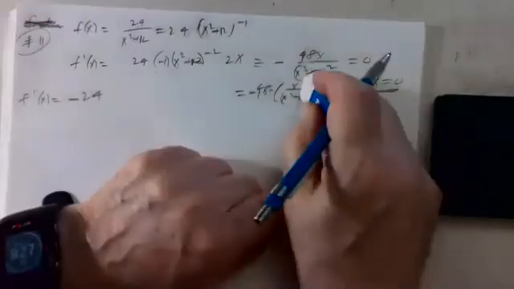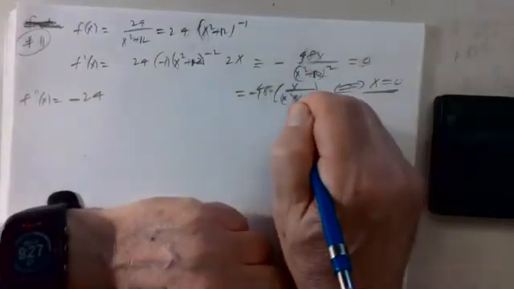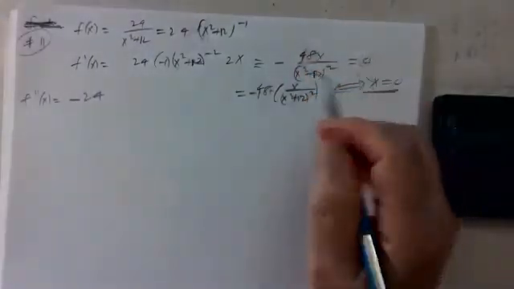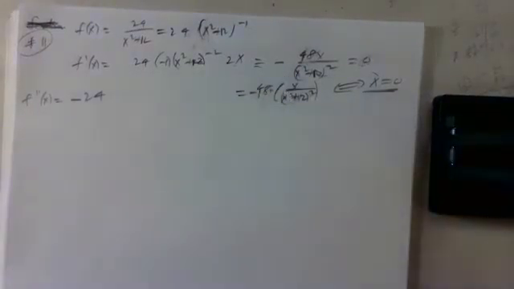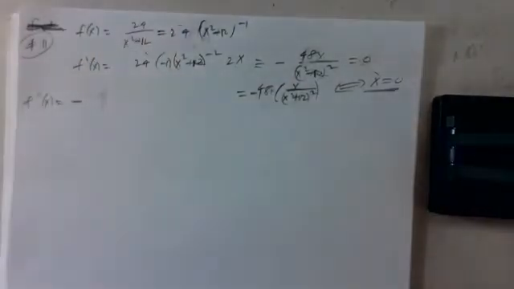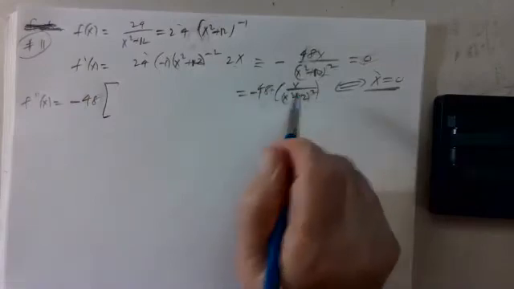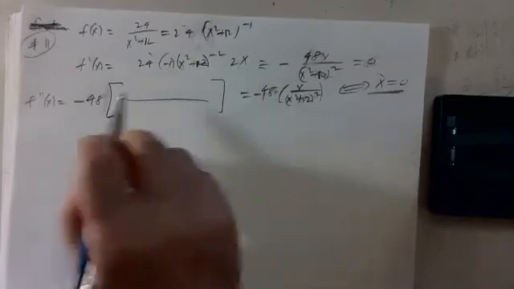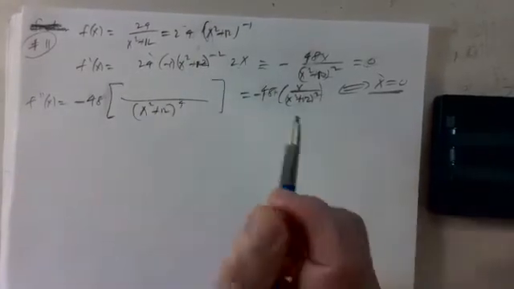Let me try and make this a little bit more legible. X squared plus 12 squared. And again, the only critical number is x equals 0, but we need to differentiate the derivative to get the second derivative. So that's minus 48 times the derivative of this. You square the denominator, so x squared plus 12 squared is x squared plus 12 to the fourth.